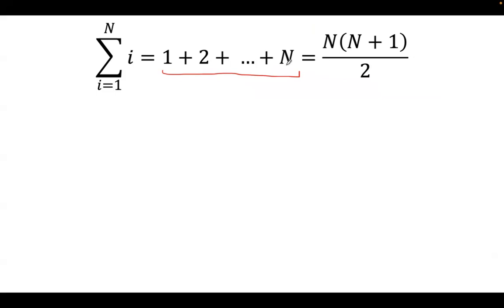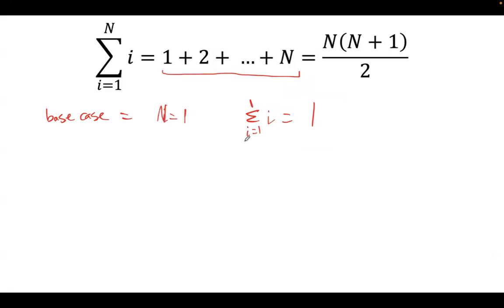That's easy. So our base case is when I is 1. And so the sum of one number is just 1, no work required. So we can say the sum of I equals 1 up to 1 of I is just the number 1.